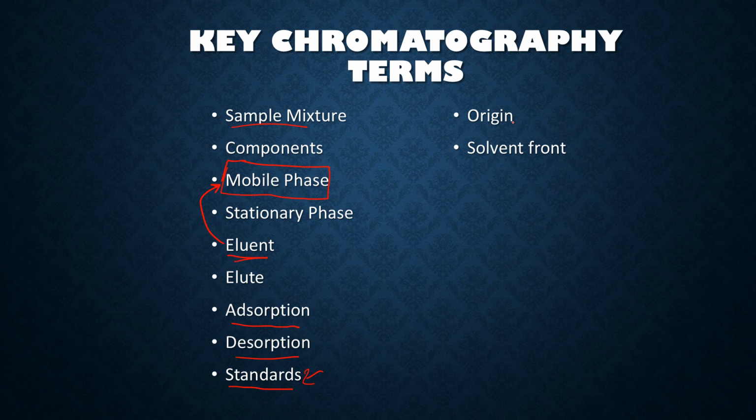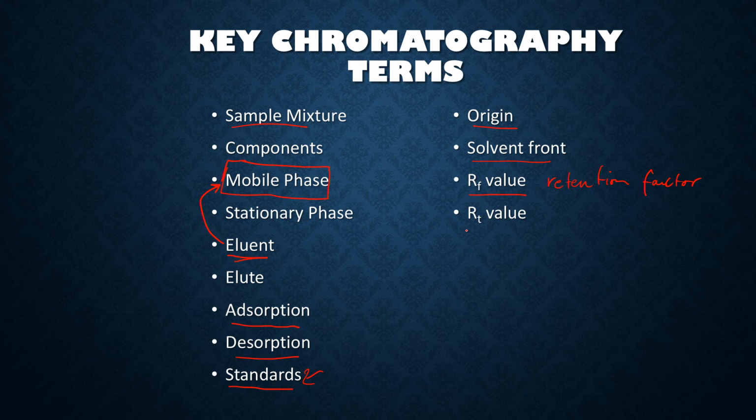In paper and thin layer chromatography, you have what is called an origin, which is where you actually put your sample on the paper or thin layer chromatogram, and you have a solvent front, and the solvent front is how far the solvent has actually adsorbed up the chromatogram. You also work out what's called the RF value, which stands for retention factor or retardation factor.